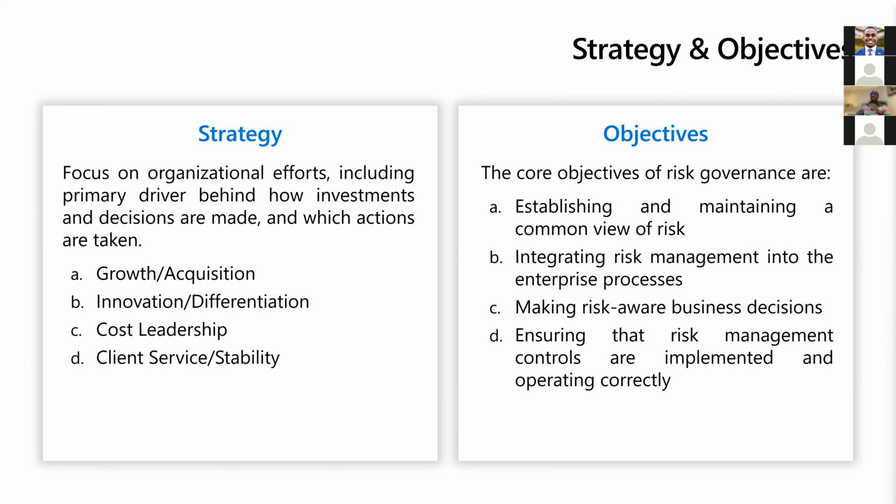So, starting with the first thing around risk management, as I keep saying, is understanding the business strategy and objectives. Like, what is the strategy of the organization? You can look at it from, is it cost leadership, client service, stability?